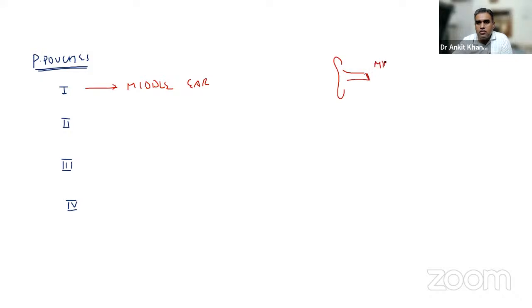Which structure is over here? This is the middle ear. And along with it, what passes? The eustachian tube. The middle ear and eustachian tube come from the first pouch. Why? Because this outside was the first cleft. So from the inside, you have this first pouch. Got the point? First pouch, first cleft. This is so simple to understand.